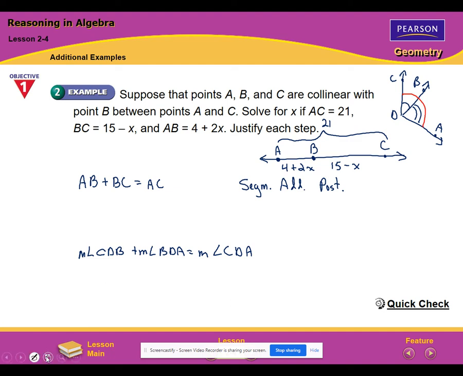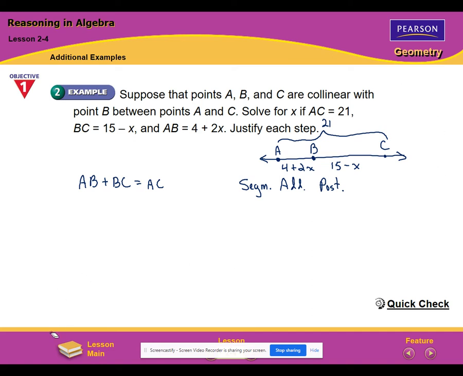Okay, so that's not what we have here, but if it were angles instead of segments, you would write what I had just written there and justify it with the angle addition postulate. This one deals with segments, so it's the segment addition postulate. Moving on. AB is 4 plus 2x plus BC is 15 minus x.